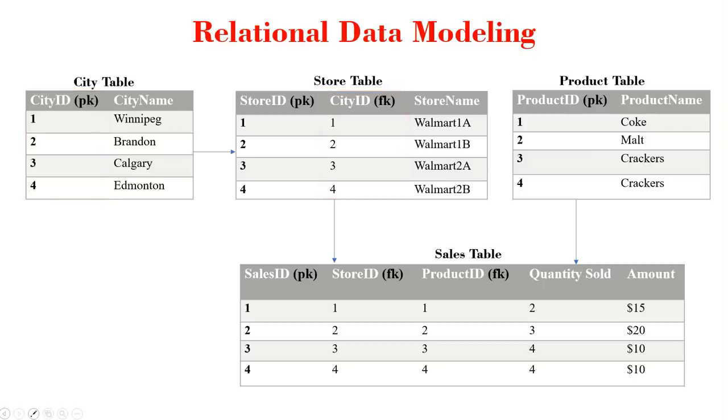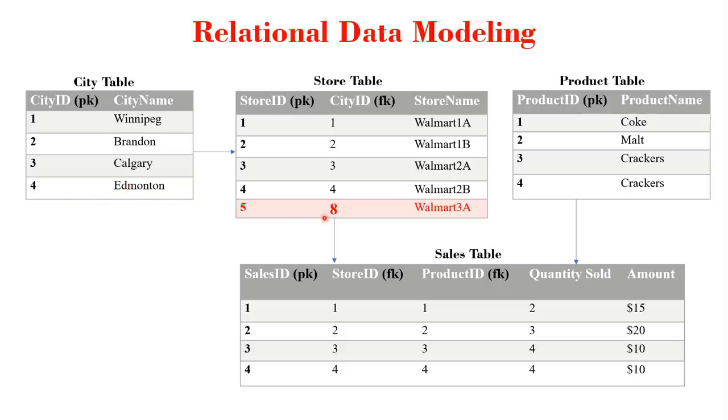Foreign key also ensures referential integrity between two tables, such that if data does not exist in the city table, the database management system will not permit you to enter that data in the store table. For instance, it is impossible to have this row in our database management system. Why? Because we do not have any city ID 8 in the city table.